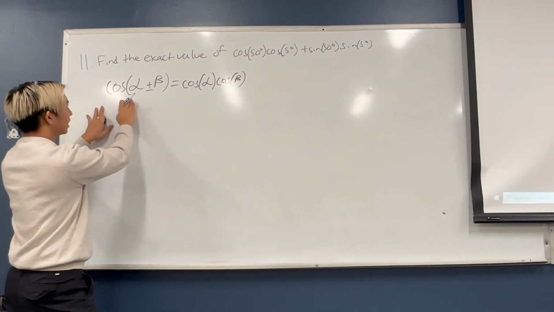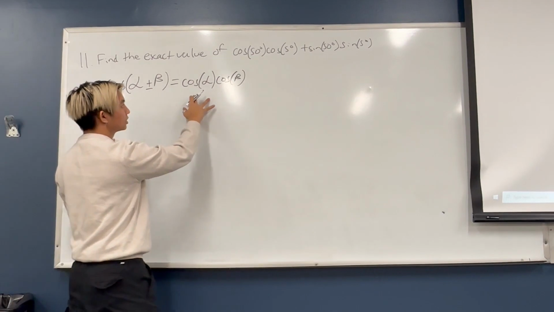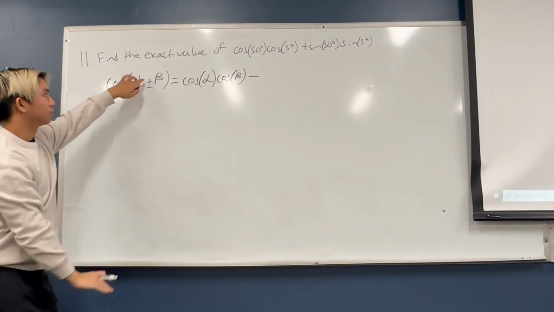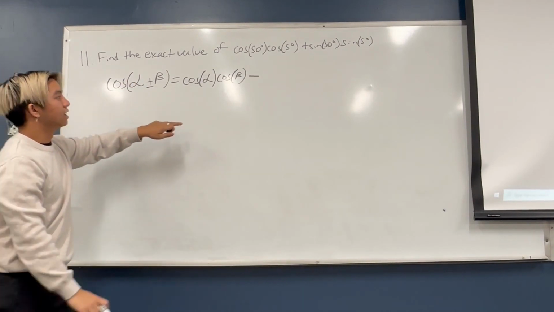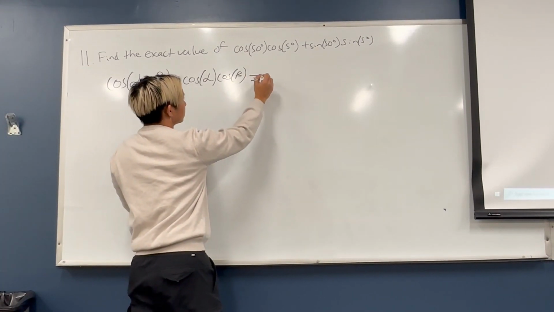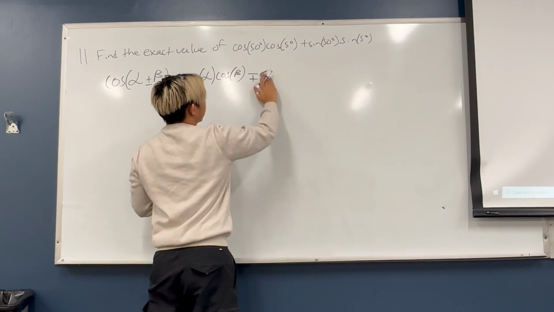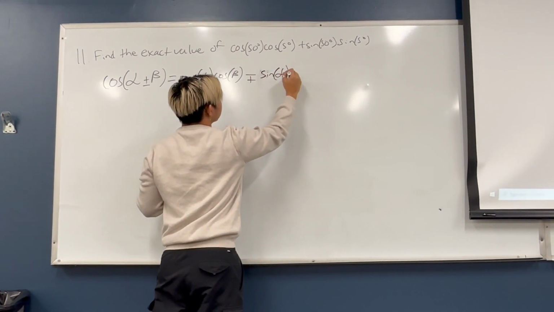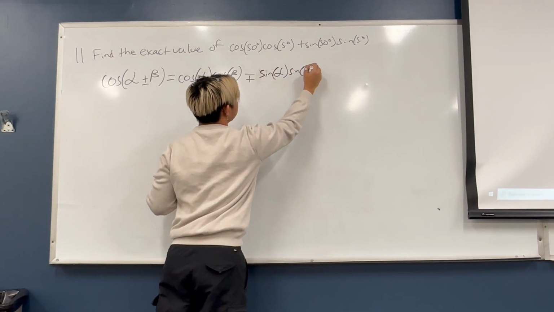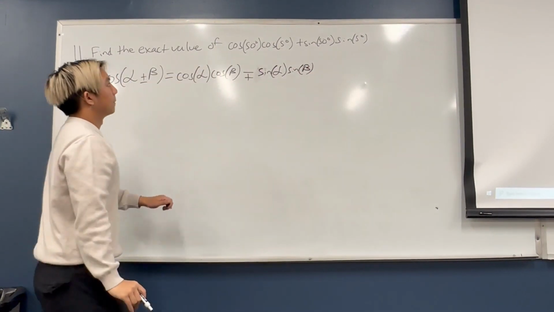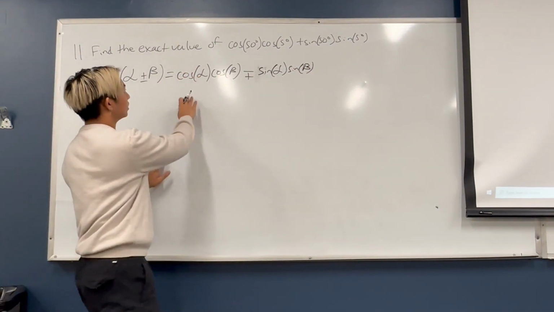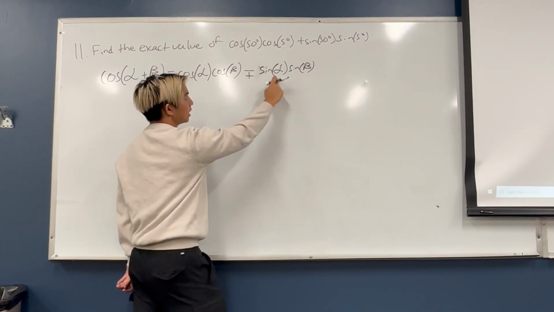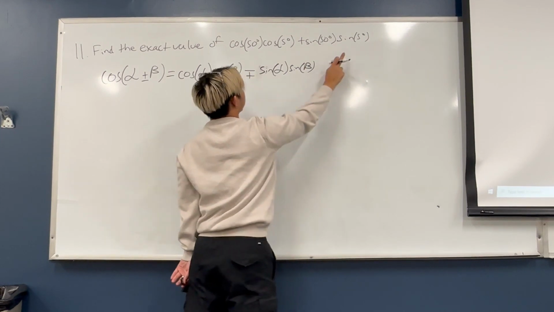So I did plus or minus here, but it's minus or plus here, and this would become sine of alpha, sine of beta. So it looks a little similar to this, right? We have cosine of alpha, cosine of beta, and sine of alpha, sine of beta.